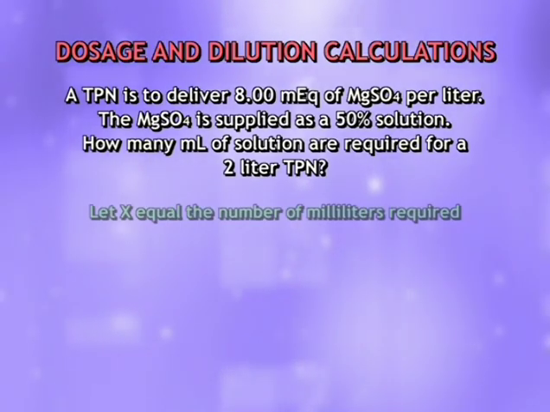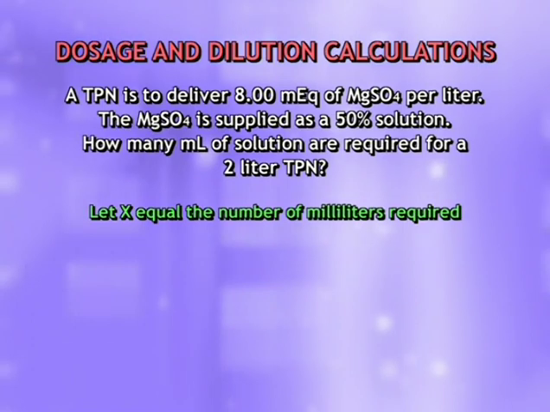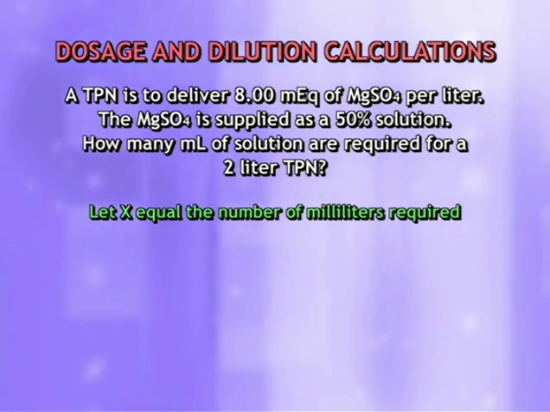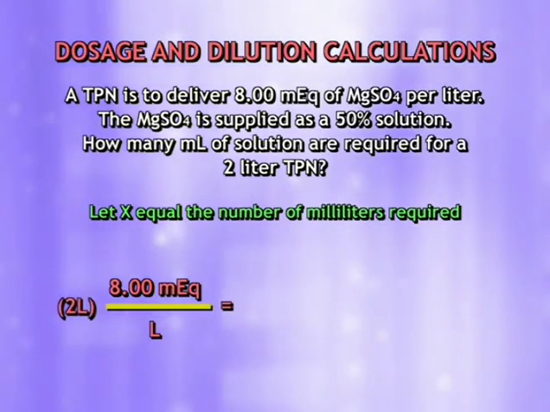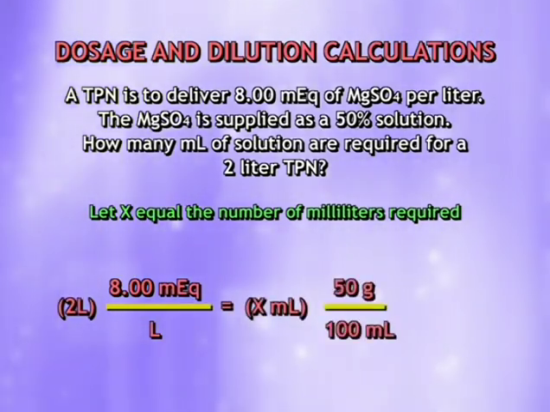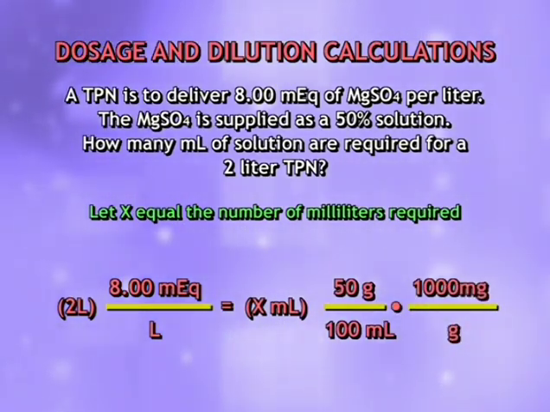Start with an equation using the known information and let X equal the milliliters of solution required. A 50% solution contains 50 grams per 100 milliliters of solution. 8 milliequivalents per 1 liter times 2 liters equals X milliliters times 50 grams per 100 milliliters times 1,000 milligrams per 1 gram.